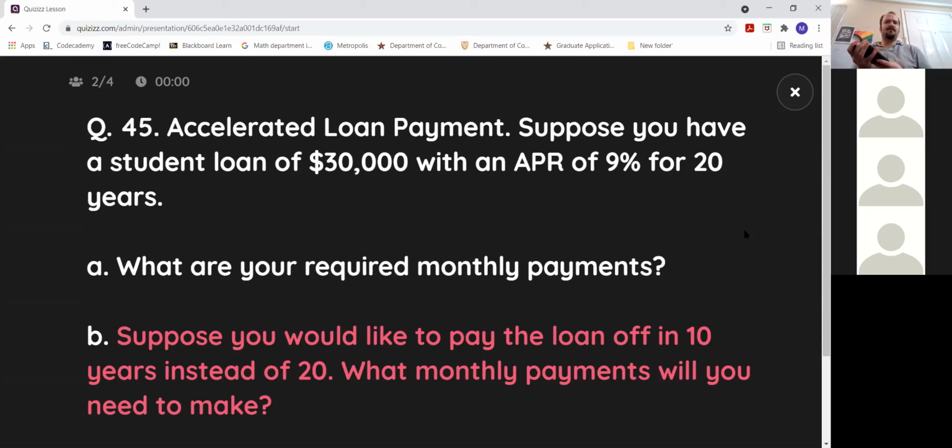So everything should be the same, except for one thing. Instead of 20, I'm going to put 10 up there. Everything else about this problem should be the same.